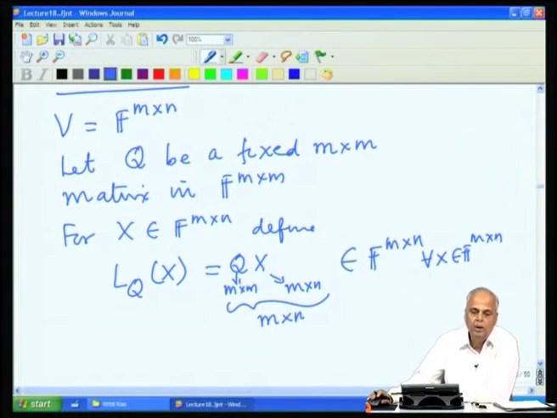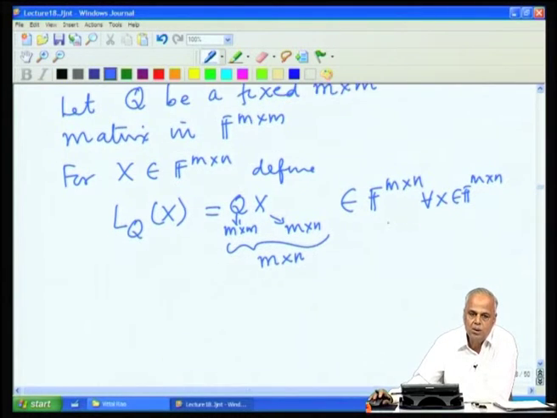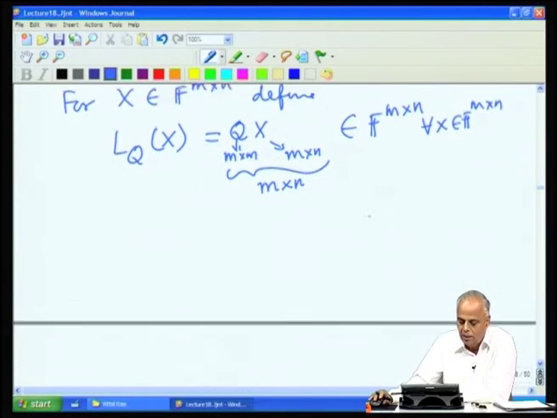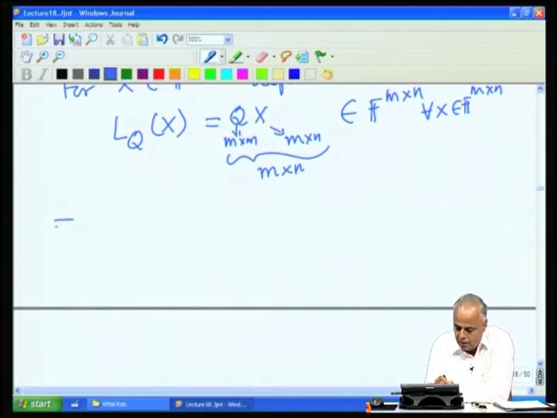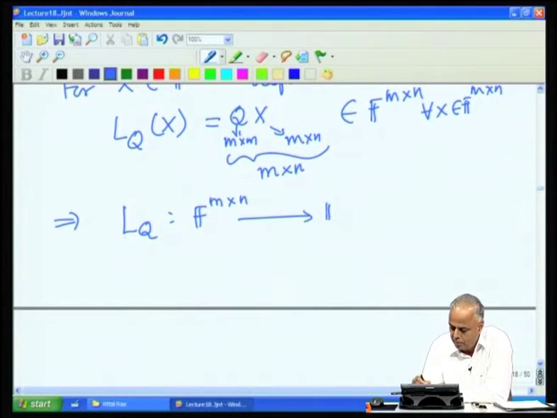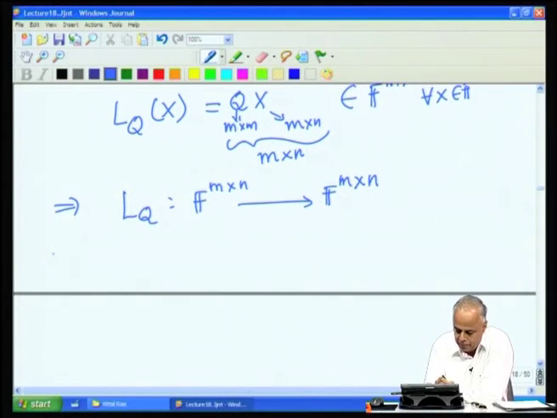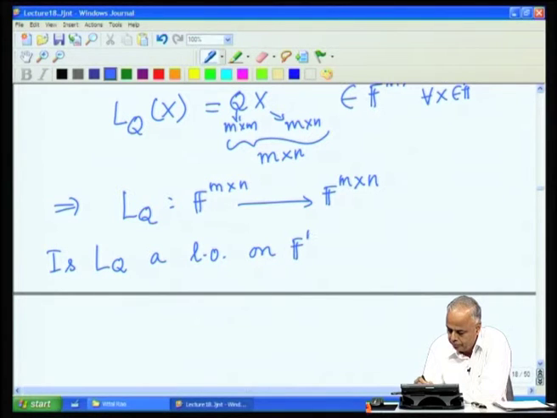And therefore, this L q takes an m by n matrix into another m by n matrix, and that means L q is a transformation from F m cross n to F m cross n. Again, whenever we have a linear transformation from a vector space to itself, we want to know whether it is a linear operator. Is L q a linear operator on F m cross n?